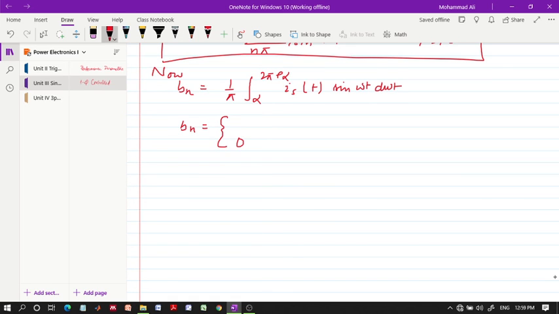It will be 0 for n is equal to even, like in the earlier case, but it will be equal to 4Ia by n pi cosine of n alpha for n is equal to 1, and so forth.